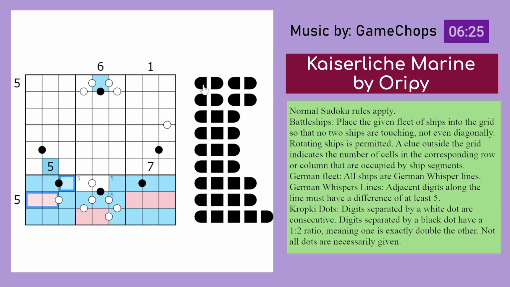So that gives us a 2 and a 3 to be used up. Let's use any color to just mark them off. We use an interesting shade of pink here. I don't remember what specific color this was, but okay, this is a good start. And in fact, the one here is actually just completed like that. So there you go. This 7 was in fact not part of a ship.